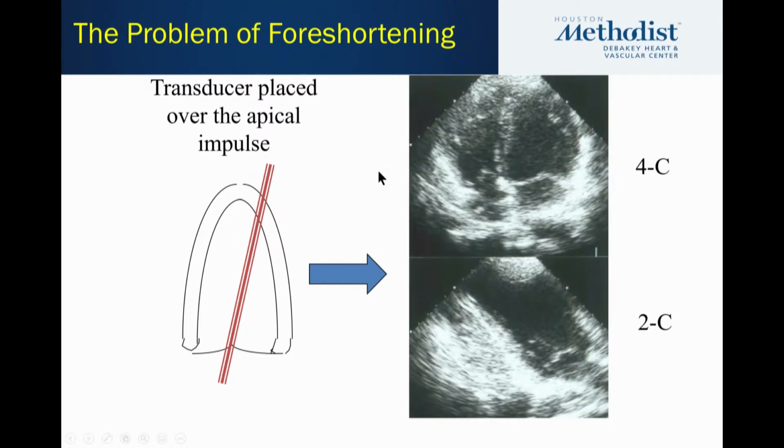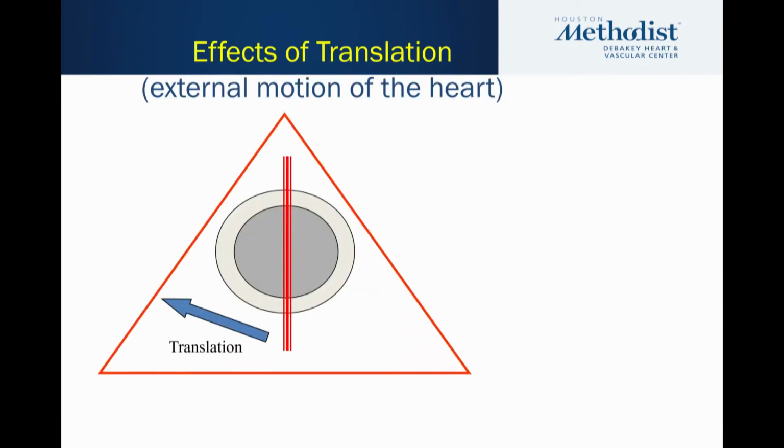However, quite often the transducer is placed at the apical impulse, which is not the real true LV apex. The true apex is further down in the chest. If you do that, you get a four-chamber, but notice how this long axis looks short, and importantly, the apex in the two-chamber view is out of plane. It's not pointing towards the transducer. That's a very good clue that you are not at the real apex of the left ventricle.